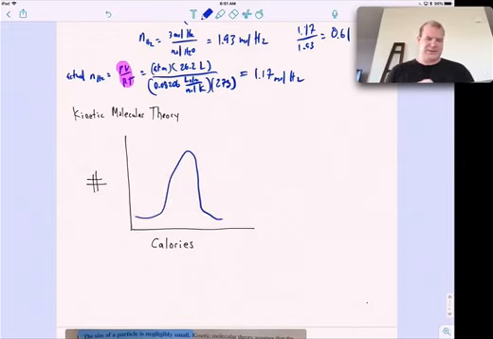I usually don't eat that, but I think it says 550. Does that mean every single Big Mac is 550 calories? The answer is no. But there's some sort of distribution where you have an average of about 550 calories from that Big Mac.